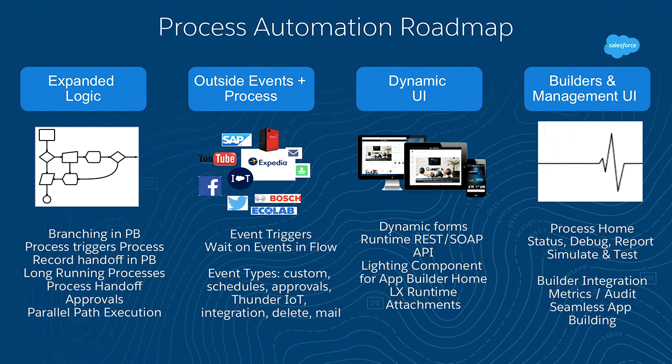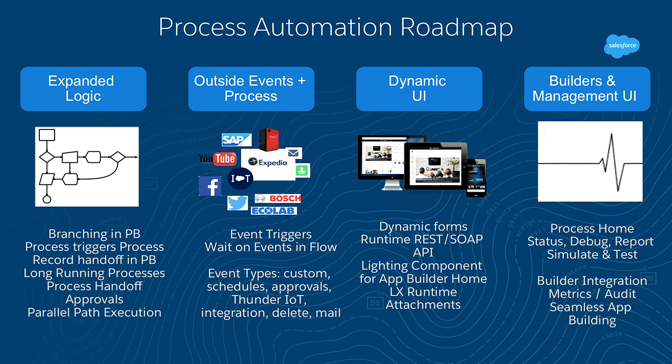So the final section is about management and bringing the builders together. We have a vision for giving you one place to get a view of all of your processes across the org, sort of a process dashboard. That would mean a per-object view of all the triggers and workflows and flows and processes that you have on each object, right?